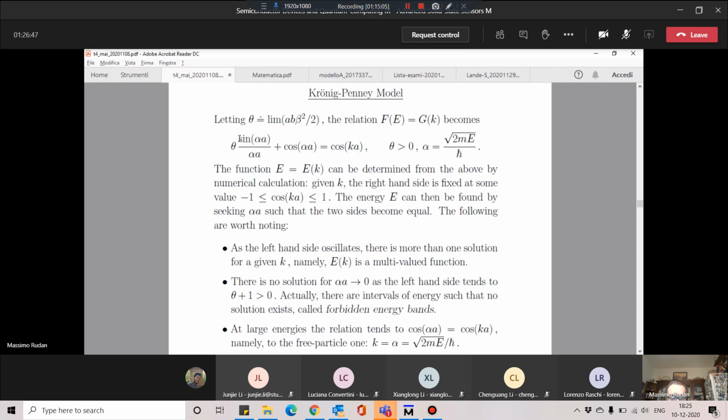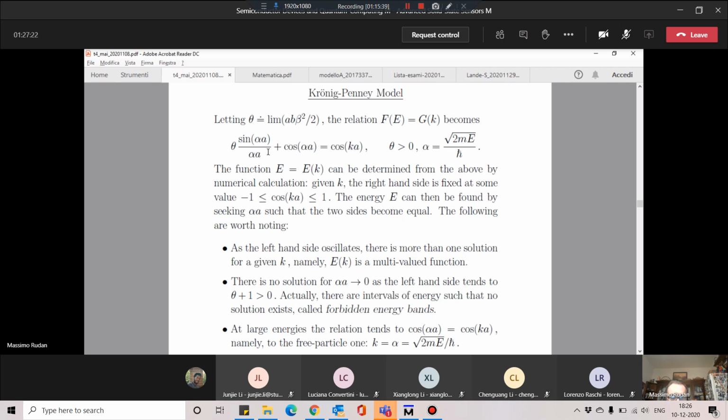But the sine of alpha A is divided by alpha A, and alpha increases because we are increasing the energy. So the ratio sine alpha A over alpha A becomes less and less important as the energy increases. So when the energy becomes very large, we eventually have that only the cosine of alpha A is left.